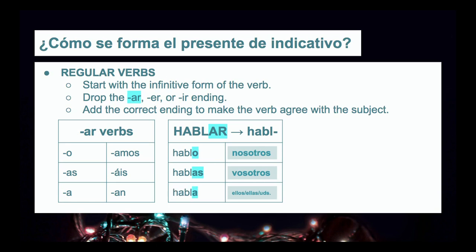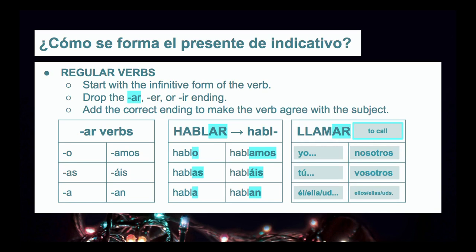Nosotros hablamos, vosotros habláis, ellos hablan, ellas hablan, ustedes hablan. While I didn't write the subject pronouns here, it's a good idea to practice saying them together with the verbs.